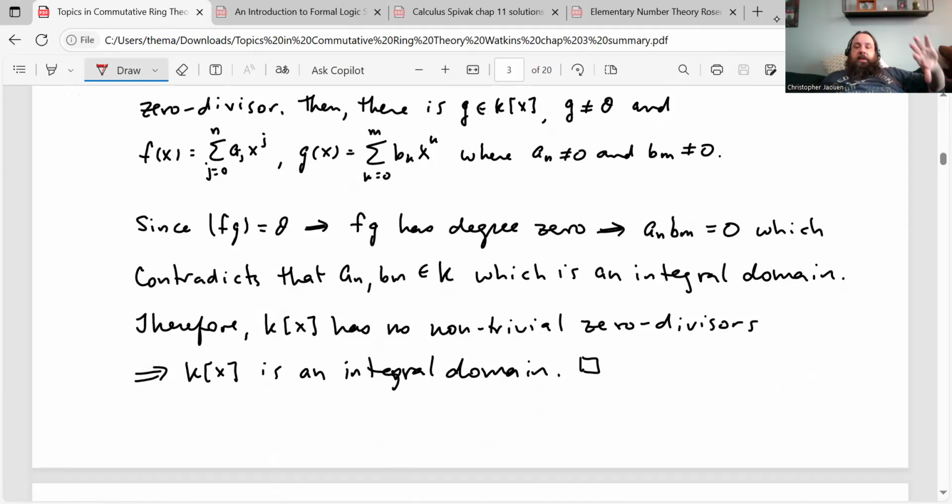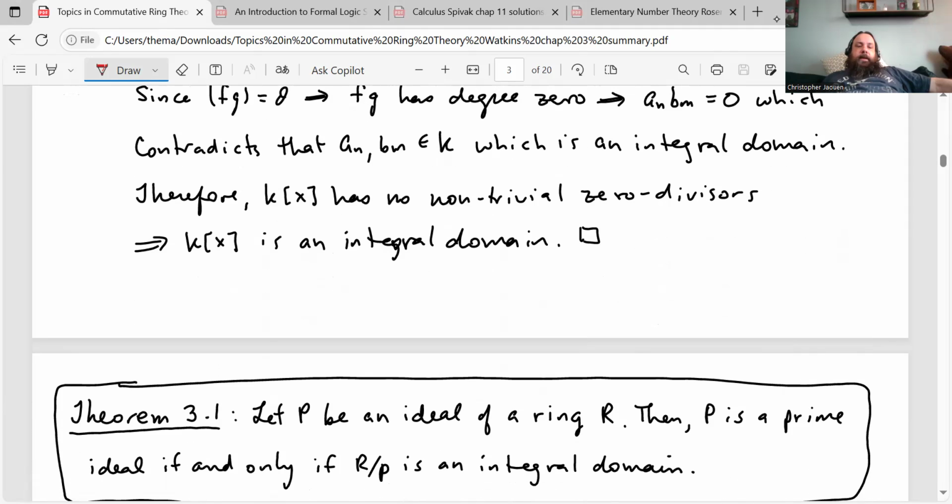That will end up being 0, which contradicts that a_n and b_m are elements of the field K, which is an integral domain. Therefore, K[x] has no non-trivial zero divisors, which implies that K[x] is an integral domain. All right.